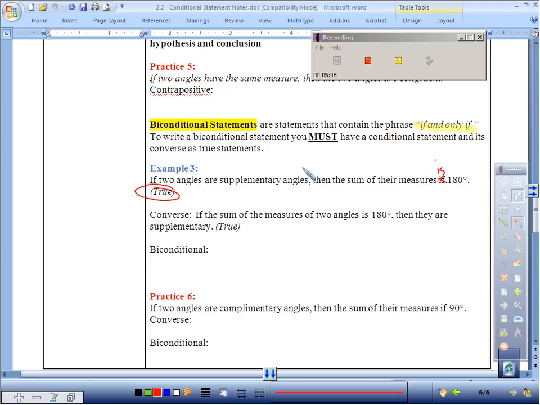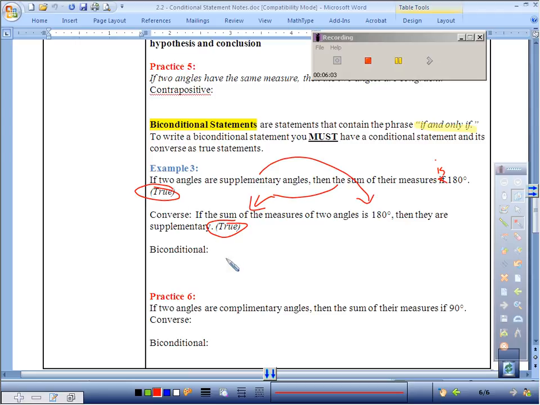So the converse simply flips the hypothesis and the conclusion. This is going to come over here, and this comes over here. So if the sum of the measures of two angles is 180, then they are supplementary. This is also true. So this creates the biconditional statement.